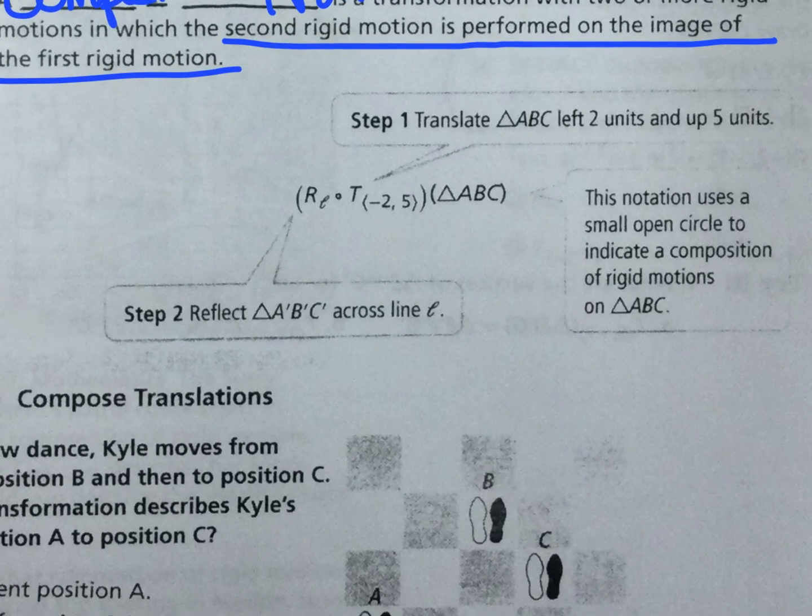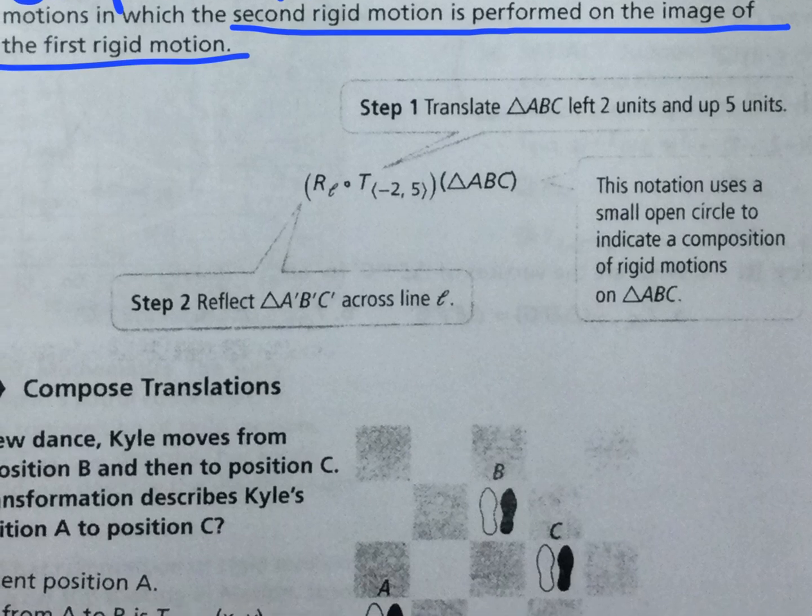So when we look at this, right here is telling you that that's a composition of 2 transformations. And we work inside out. This is first. You see your step 1.